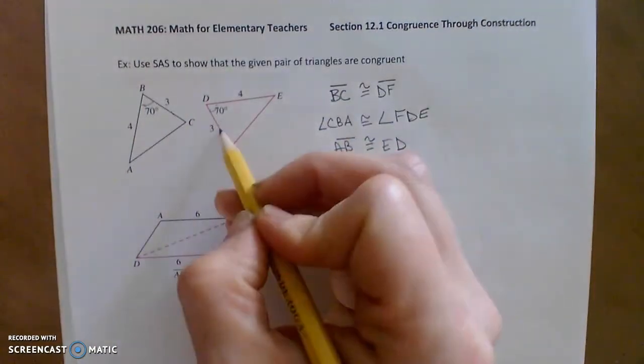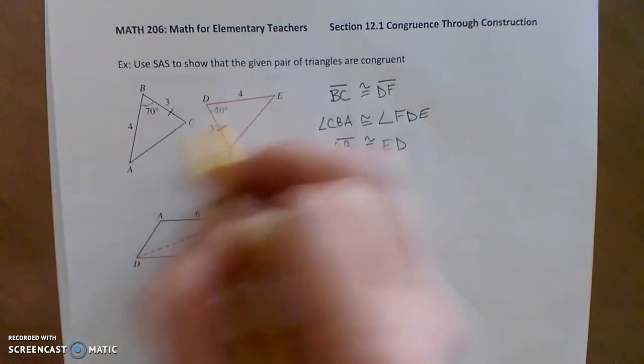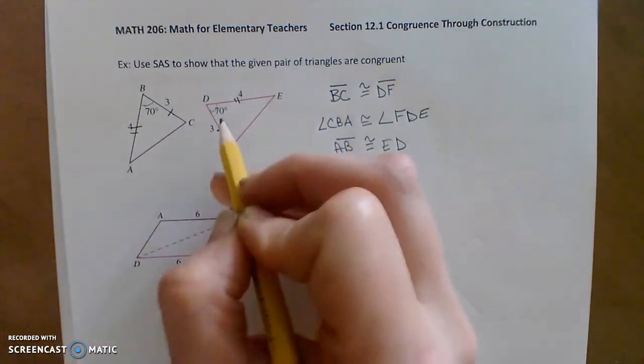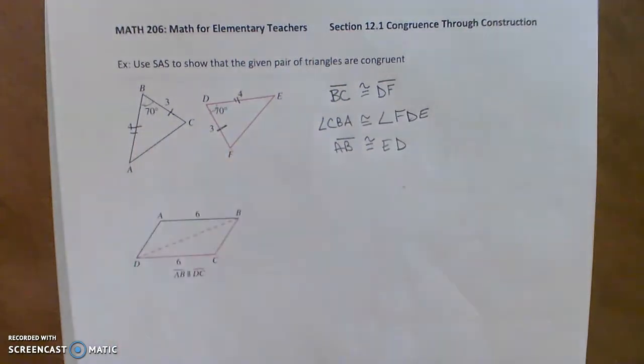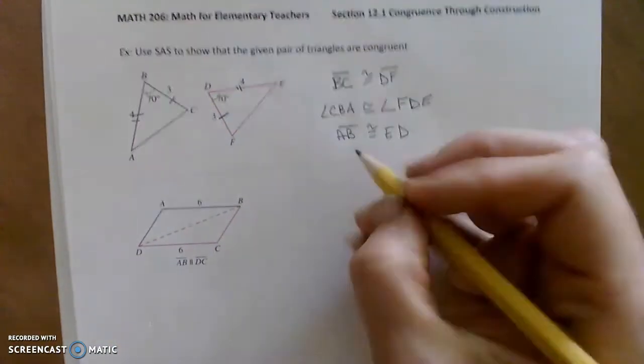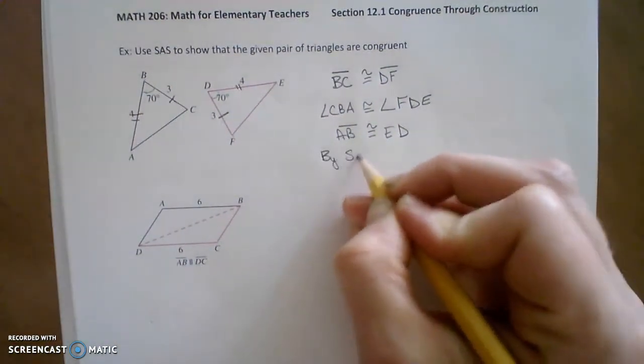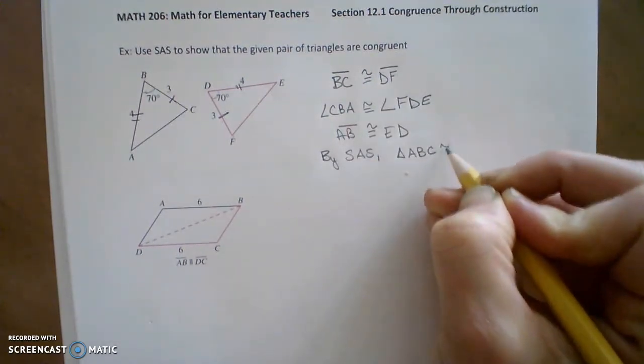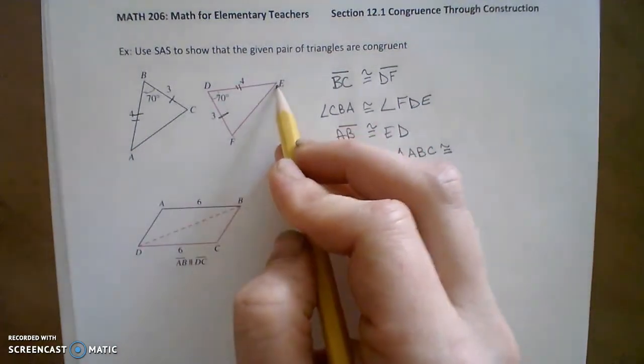So what you have, again, side, angle, and side. And notice that the two angles that are congruent lie in between the two sides that are congruent. So by side angle side, we'll say that triangle ABC is congruent to triangle EDF.